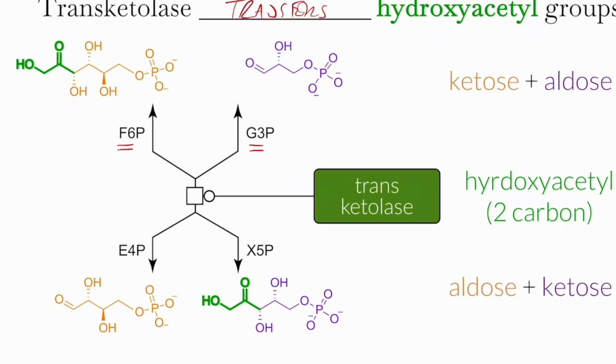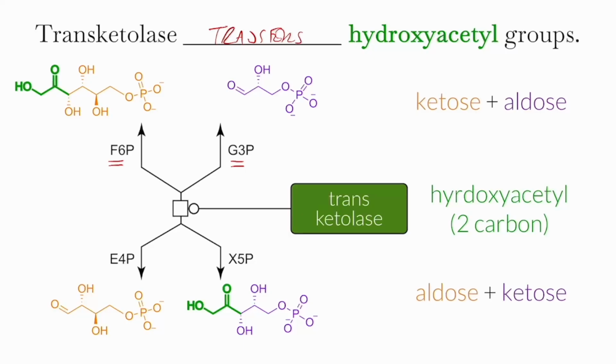All that it's doing is taking off this hydroxyacetyl group and sticking it onto the aldose sugar, and that generates 2 new sugars, E4P and X5P. E4P and X5P are just the result of reshuffling the carbons that are present.